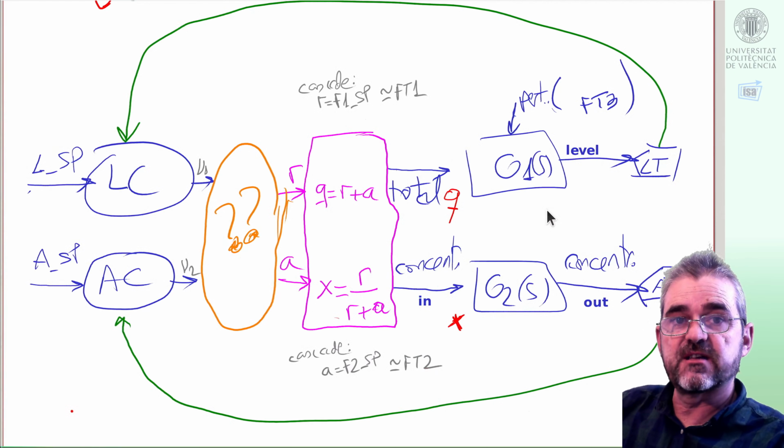In the overall scheme of things, the tank dynamics are G1 and G2, G1 describing the behavior of level and G2 defining the behavior of outlet concentration.